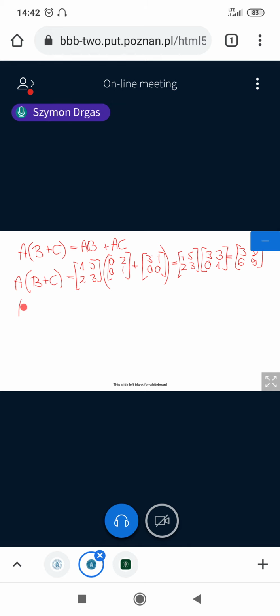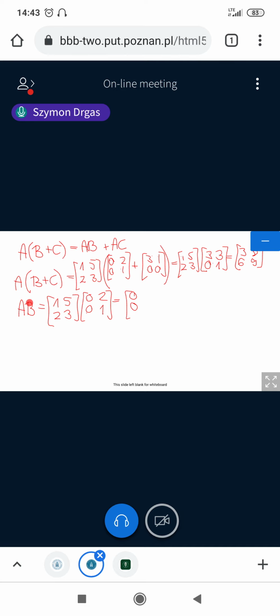And then we can also compute A times B, 1, 5, 2, 3, multiplied by 0, 2, 0, 1. So if we have both coefficients of the linear combination that are 0, we know that the first column will also be 0.